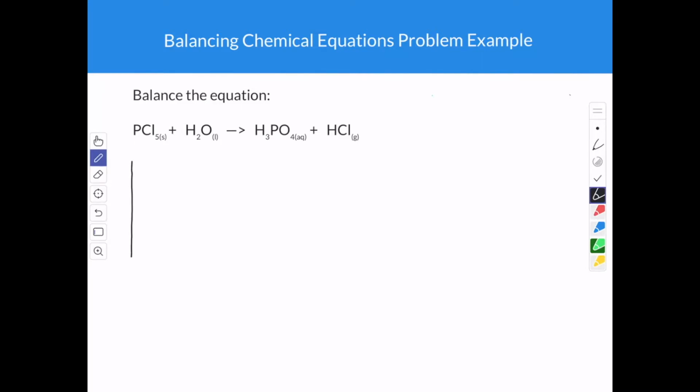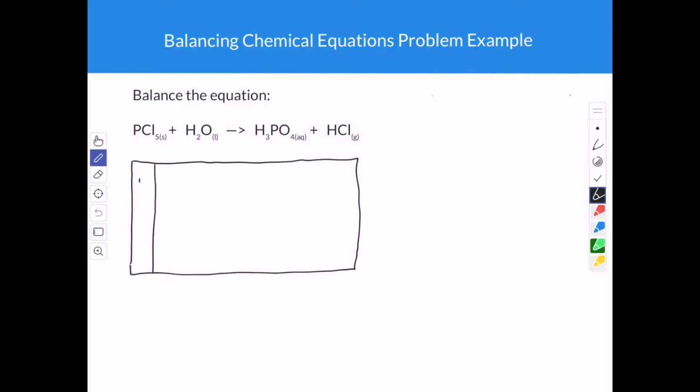And remember, the way we construct the chart is to have one column on the far left where we place the elements that are in the equation. Doesn't matter what order they're in, just need to make sure they're all there.